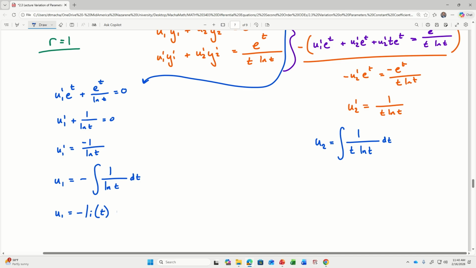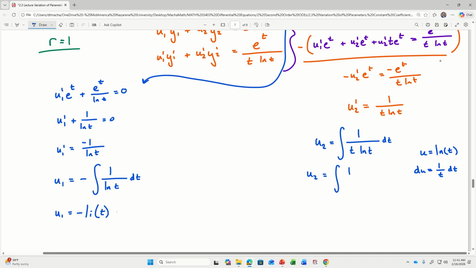Maybe u equals natural log t. Yeah, that would work, right? U substitution. Because the derivative of natural log is 1 over t. Maybe I should have used a different letter besides u, but I'm sure you can follow along.